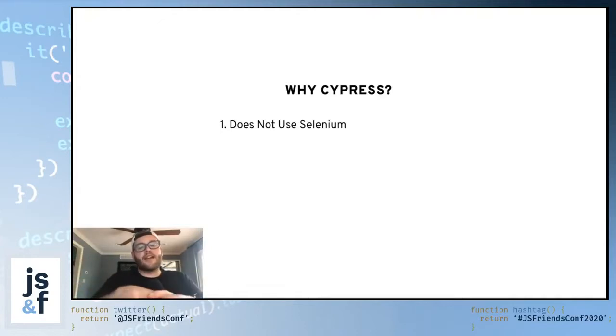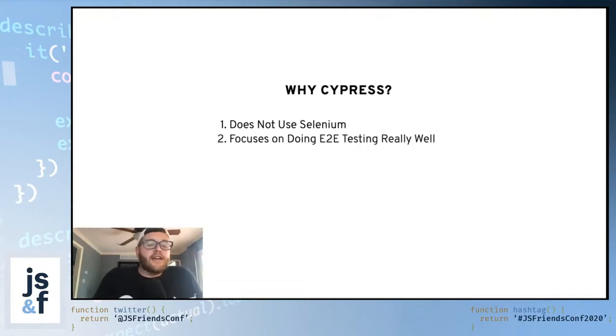Cypress is like a wrapper around the actual browser instead of trying to execute commands through the network. It wraps your application, and therefore has access to really the entire scope of the browser itself. We'll get into more specifics of that.